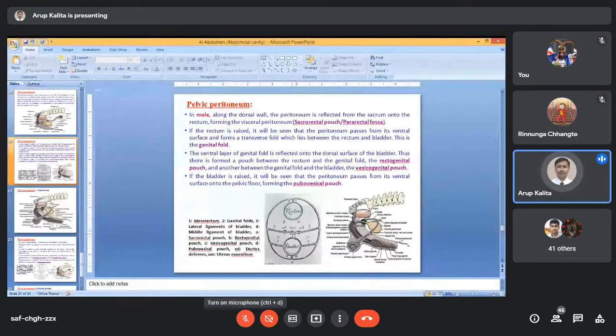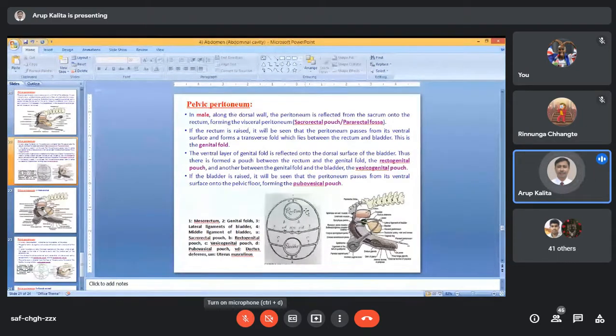This is the urinary bladder, because there is no vagina or uterus in the male. This area will be empty. So what are the structures you are going to get? This is the rectum. This is the urinary bladder. These are 2 vas deferens, and below you will get the bladder.